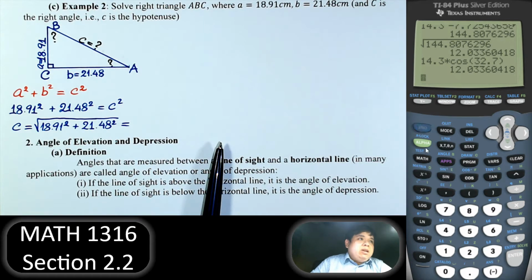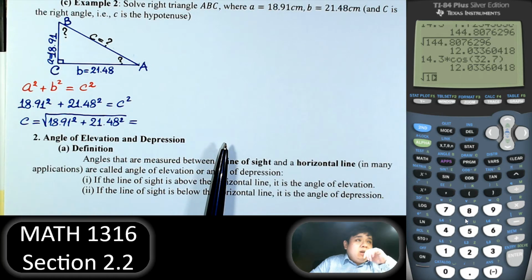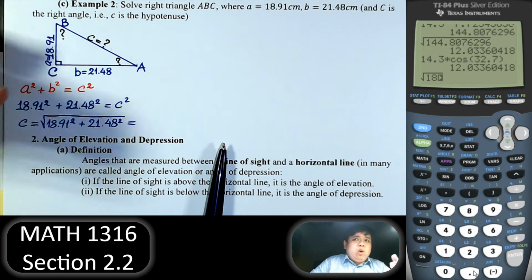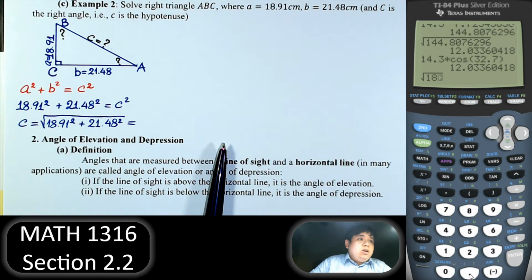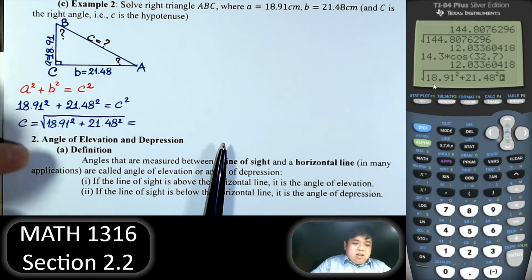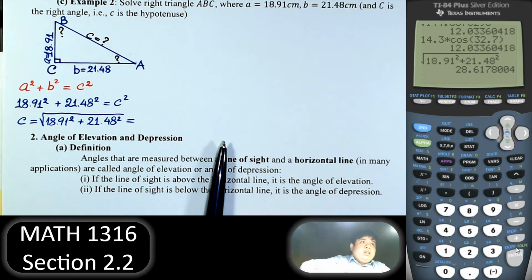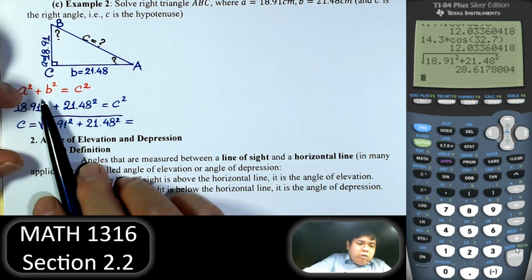So I will type the whole numbers in, which will be better than doing the square first and then taking the square root later. So 18.91 squared. Whenever possible, do this. 21.48. Rather than do this first and then take the square root, I type everything in one step, if it's possible. So 28.6. Right. It looks like all of them have two decimal places.